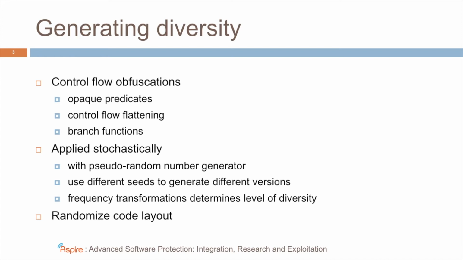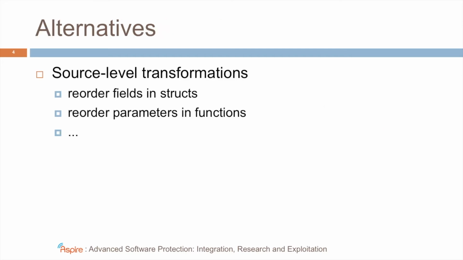In the Aspire project, we deploy these protections on the binary code, and so we transform the program at link time using Diablo, the link time rewriter developed at Ghent University. Of course, there are also alternatives to generate diversity. In particular, source level transformations can be used. For example, one could reorder the fields in structs or reorder parameters in functions, and there are tons of other transformations that can result in different versions of binaries.